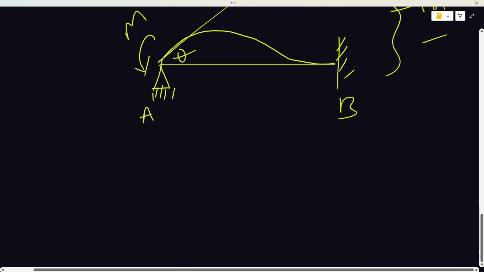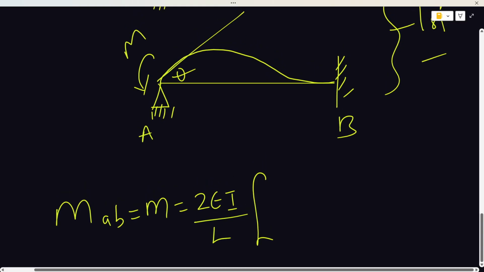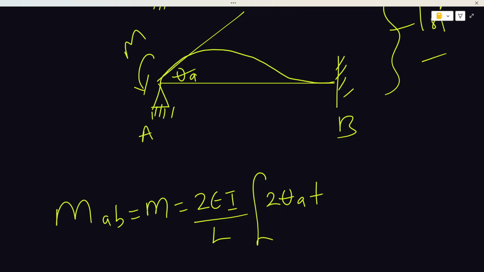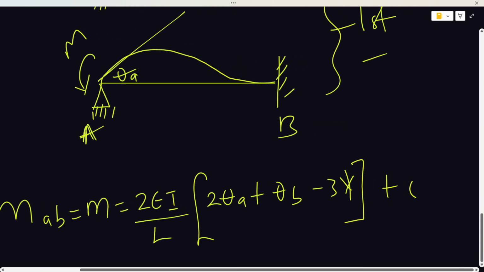And MAB, which is equals to M, will be equals to 2EI over length, open brackets, 2 theta A. Of course, this is theta A because this point is A, plus theta B minus 3 times chord rotation.